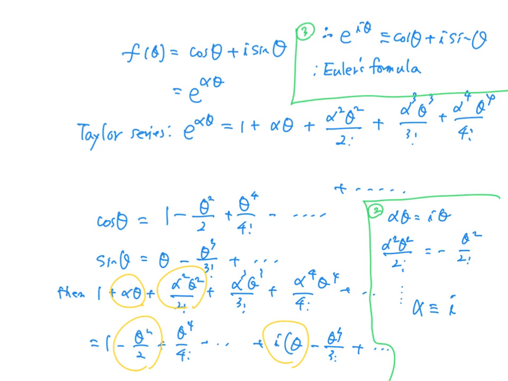And this Euler's formula has a very interesting property. So can I move on? Euler's formula: exponential I theta is cosine theta plus I sine theta.